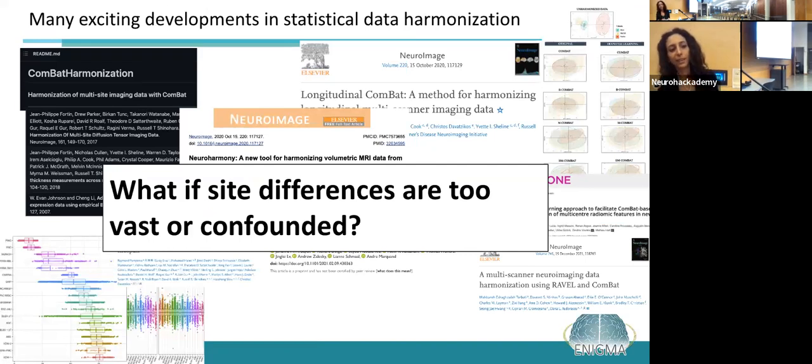But there is one strong limitation of statistical data harmonization methods. If your site differences are too vast, or if they're confounded, you might not be correcting for site, you might be correcting for something that you want to preserve instead.